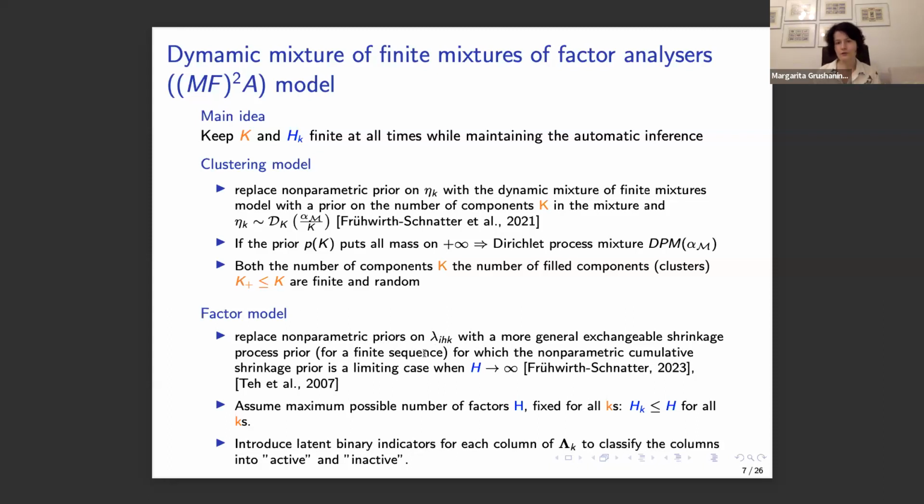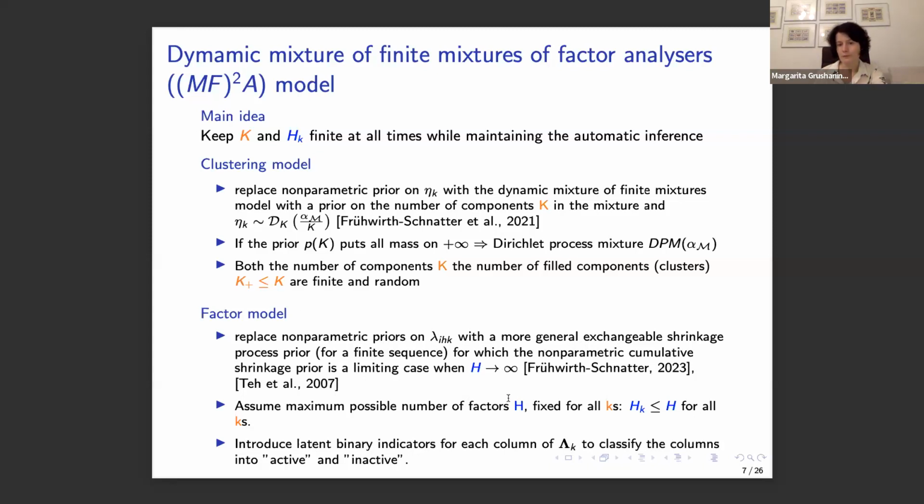The cumulative shrinkage prior is a limiting case of it when the number of factors goes to infinity, and for the finite sequence, we can use this exchangeable shrinkage process prior. And so we can assume some fixed number of factors h, which is the maximum number of factors we can have in the data set.